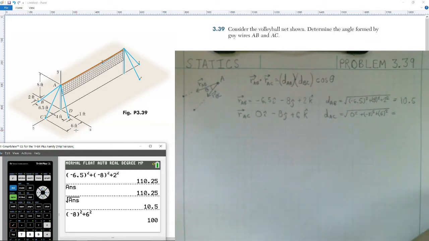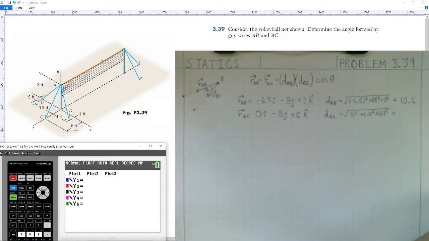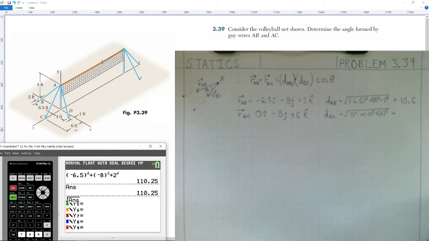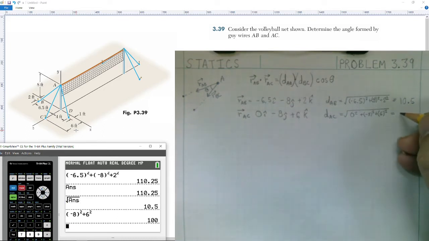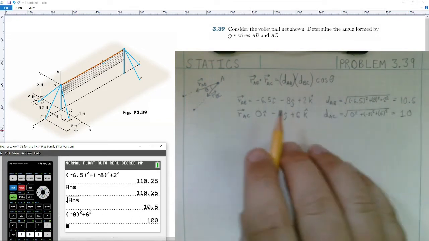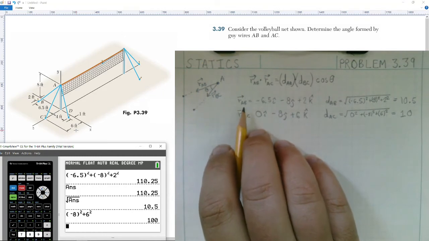We'll square root this number. Actually, our answer will be the square root of 100. We know that the square root of 100 is 10, so it'll be 10 feet. Great. So now we have our position vectors AB and AC.